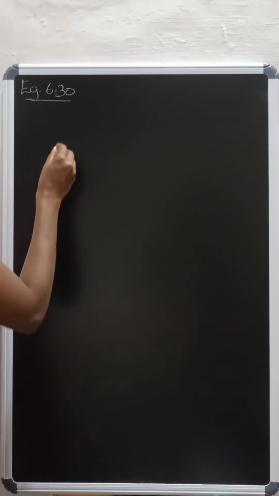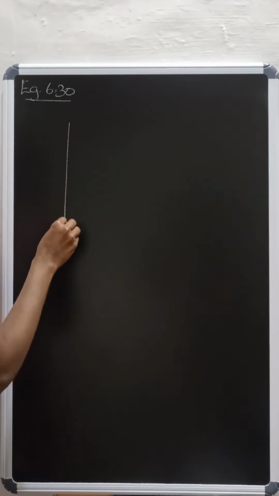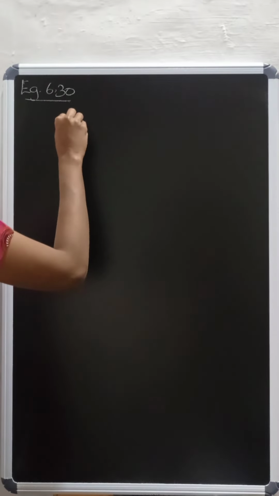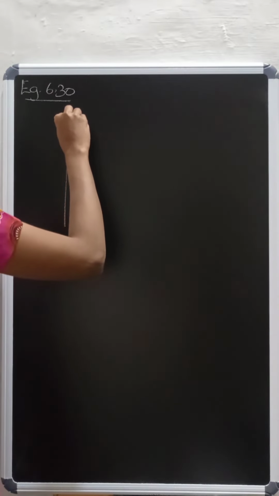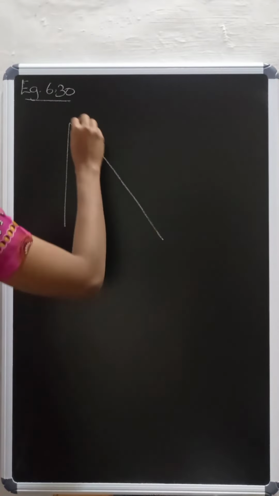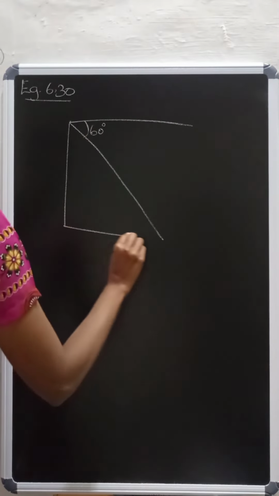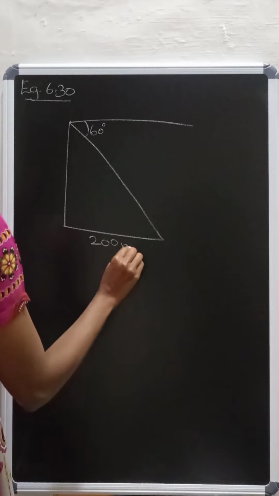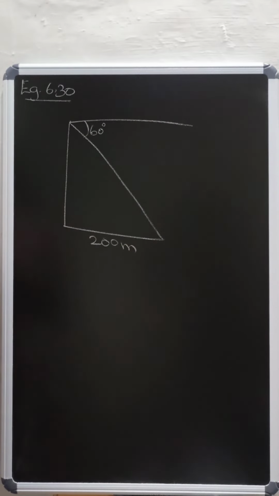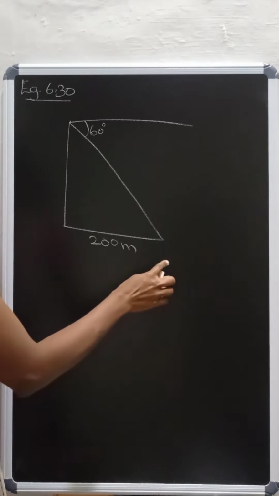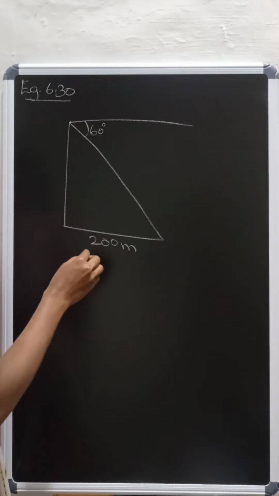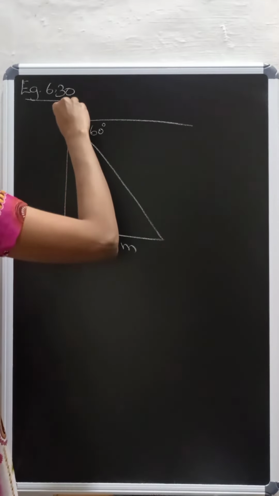So now we will draw the diagram. A man is watching a boat speeding away from the top of a tower. So he is standing on the top of the tower. The boat makes an angle of depression of 60 degrees with the man's eye when it is at a distance of 200 meters from the tower. After 10 seconds, the angle of depression becomes 45 degrees.